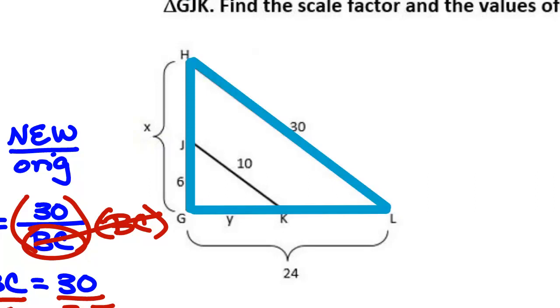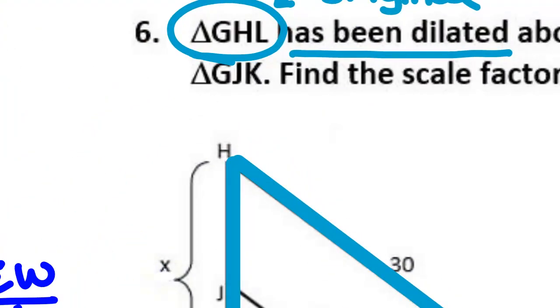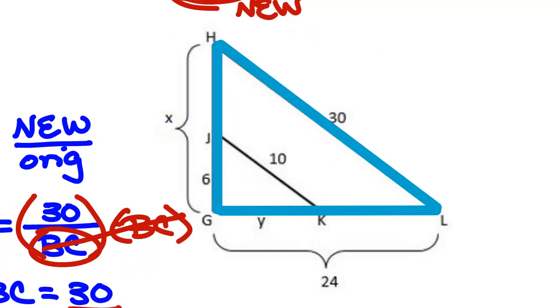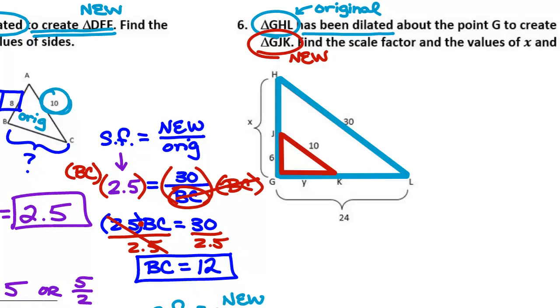It was dilated to create triangle GJK. So here's my new. Here's GJK. So these are the 2 triangles that are similar that we're comparing.